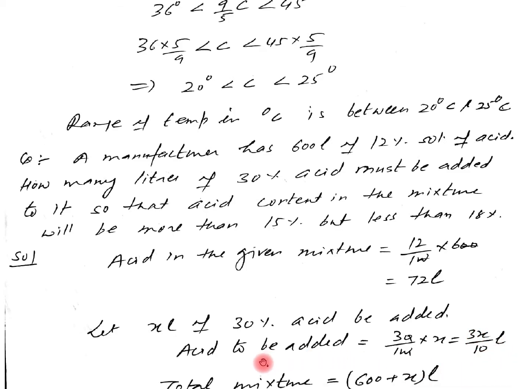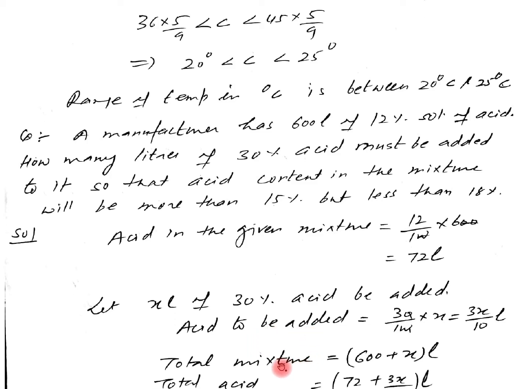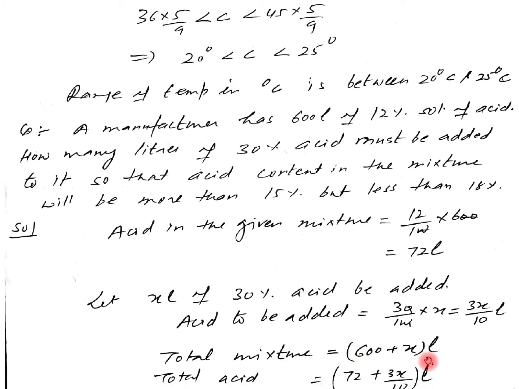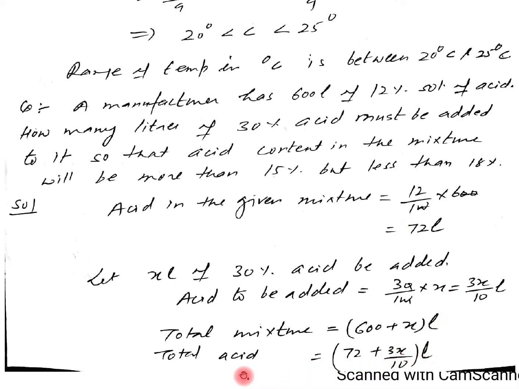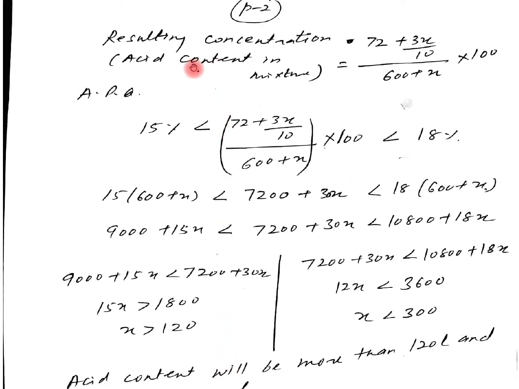Now here when we are adding this acid to the given mixture, then the total mixture becomes 600 plus x liter and total acid becomes 72 plus 3x by 10 liter. Now here therefore the acid content in the mixture is equal to acid upon total mixture into 100. So it becomes 72 plus 3x by 10 upon 600 plus x into 100.